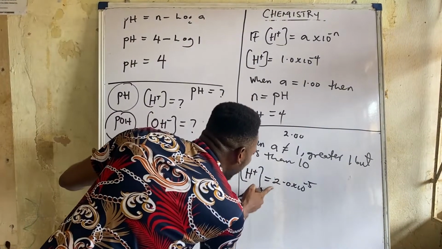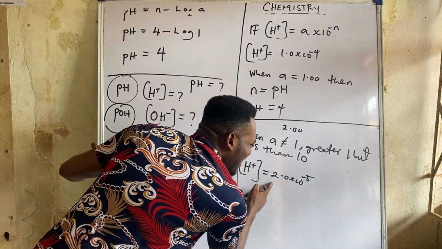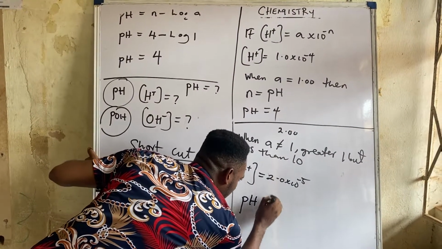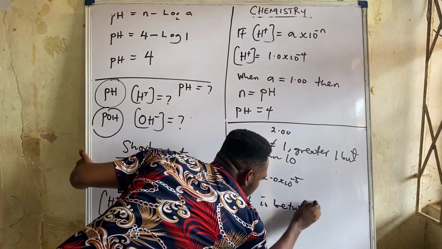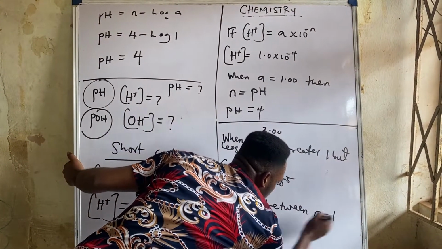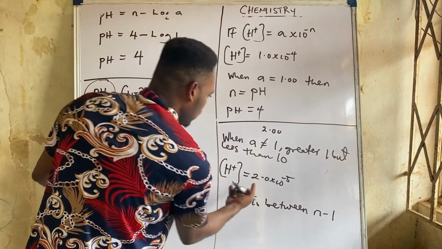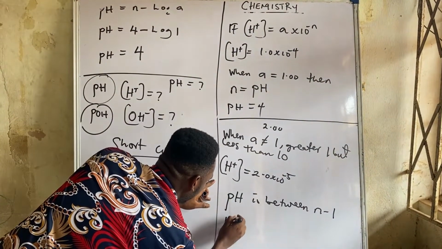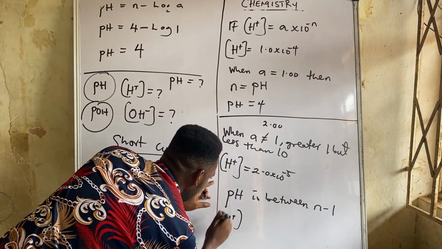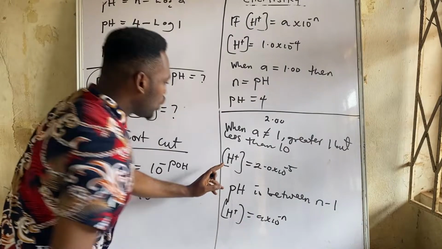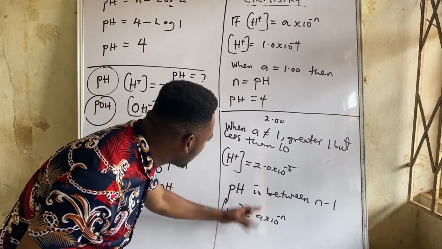In this case, when A is not equal to 1, our pH is between N and N minus 1. Of course, what is N in this case? When you compare this with H plus, A times 10 to the power minus N, your A is not equal to 1.